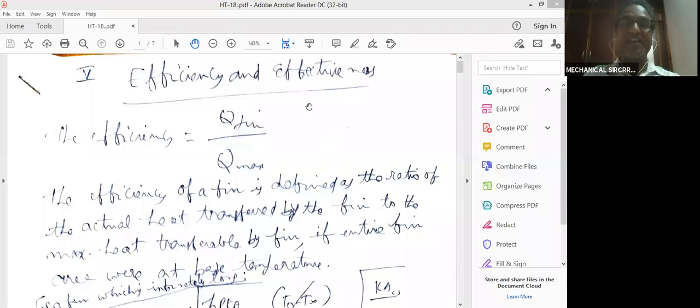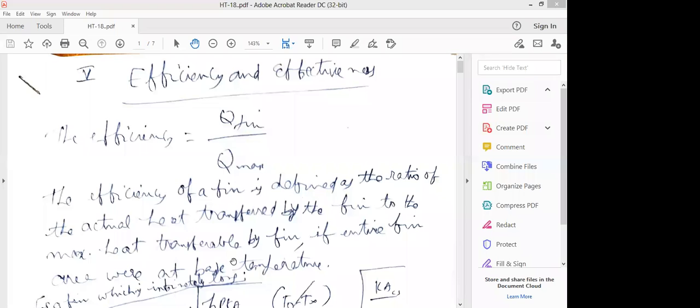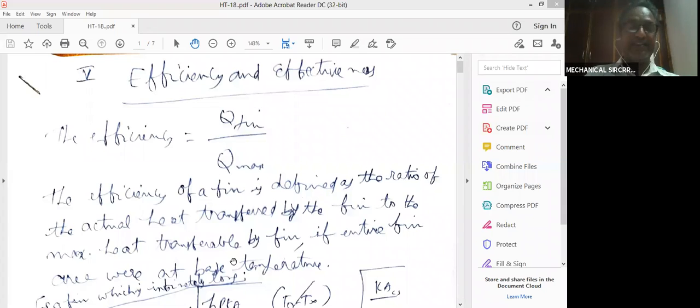So efficiency, how do you calculate fin efficiency? Fin efficiency is the ratio of heat transfer rate through the fin divided by what will be the maximum heat transfer rate if the entire fin is at base temperature, entire fin surface or entire fin area is at base temperature.